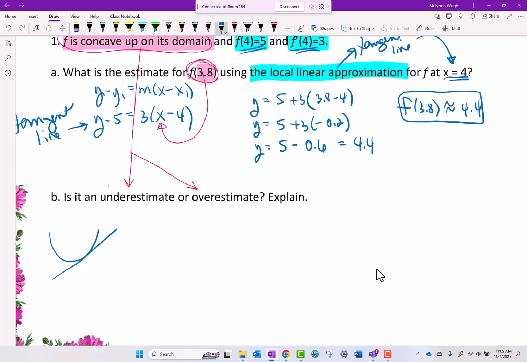So the tangent line is below the curve of f. Okay, we're going to call that curve f. The tangent line is below the curve of f. So that means every y value on the tangent line is smaller or below the y values on the curve.